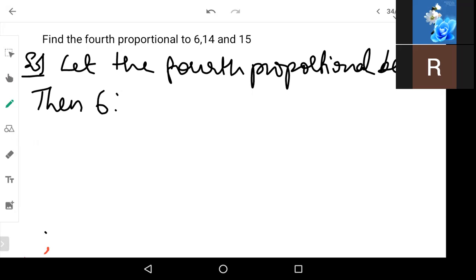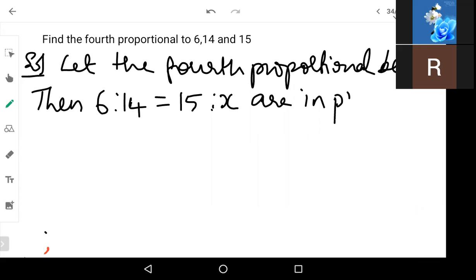6 is to 14 is equal to 15 is to x. This will be our proportion. We have 3 terms, 6, 14 and 15. So 6 is to 14 is one proportion. Take it as per the given order is equal to 15 is to x. Okay, these are in proportion.